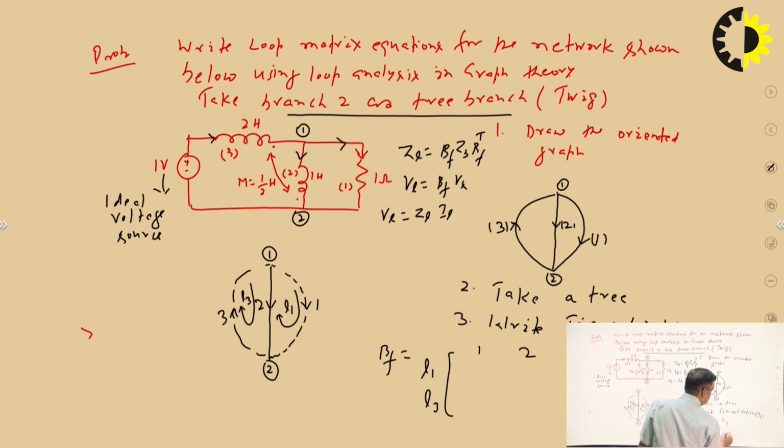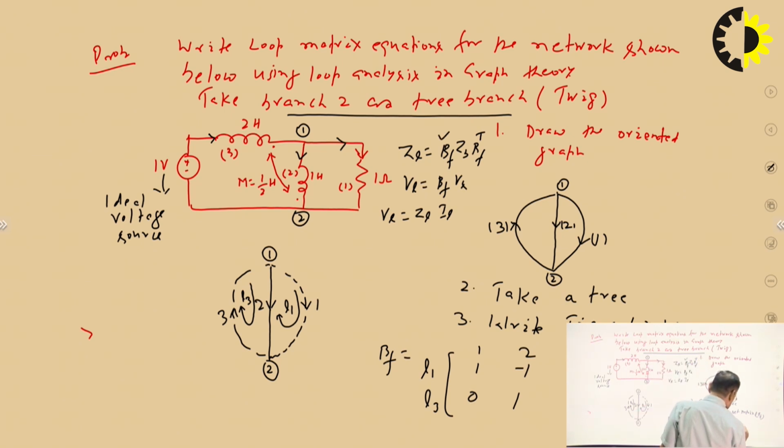So this matrix will have 2 rows and 3 columns. For L1, having branches 1 and 2, 1 is coinciding so it is plus 1, and 2 is opposite so minus 1, and this is 0. For L3, branches 2 and 3, this is 1, and this is 1. So we get this matrix.